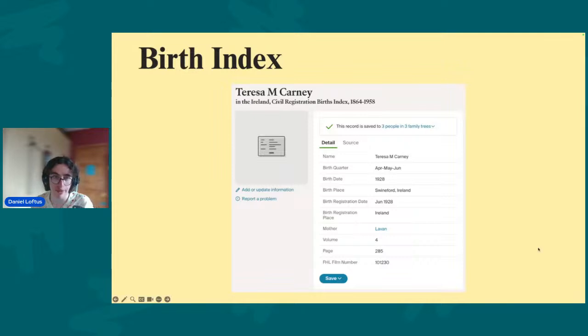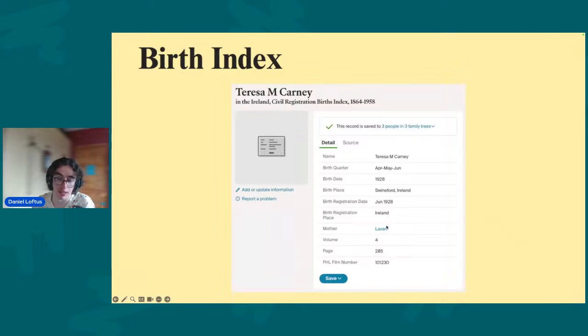So this is from my grandaunt Teresa. This is a birth index where I can see Teresa M. Carney is her name. She was born in the second quarter of the year, so anywhere between April, May, or June of 1928. I can see it was in Swinford, and I can see when the birth was registered.